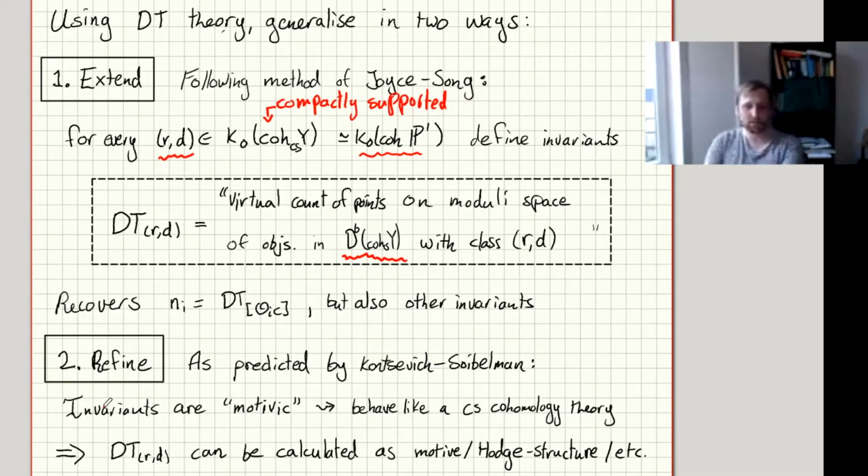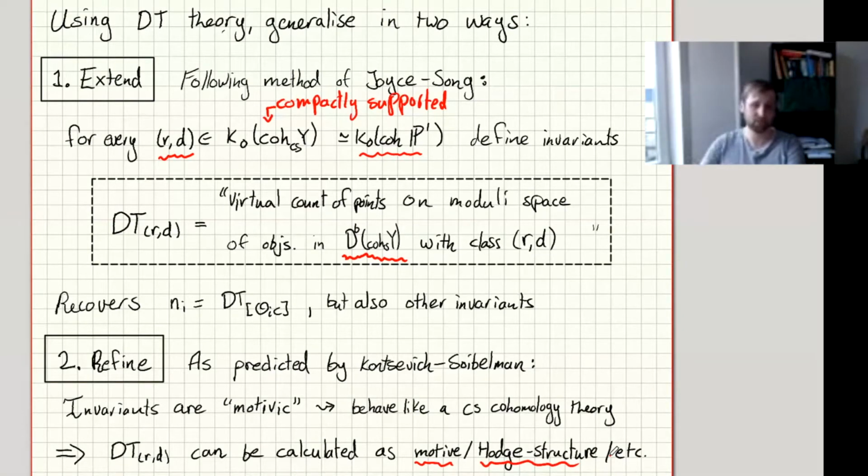Right, and the second thing we can do is to refine the invariants. This is sort of a prediction by Kontsevich and Soibelman that these DT invariants, which count points on a space, should behave a bit like a constructible measure on the space. So they should be motivic, which means that these invariants should be able to lift to some sort of more interesting ring of motives or mixed Hodge structures or something like this.